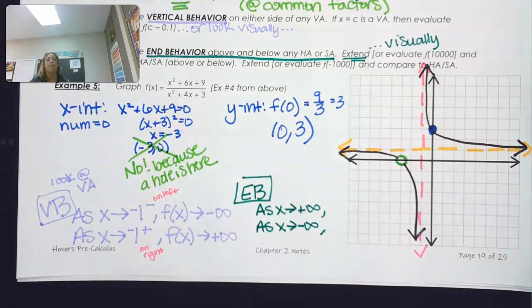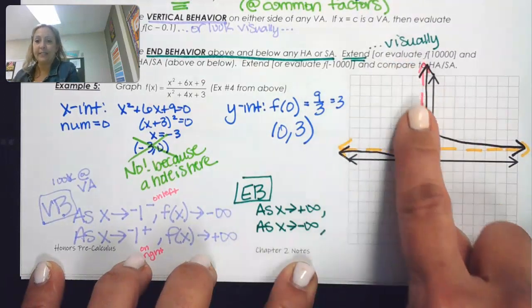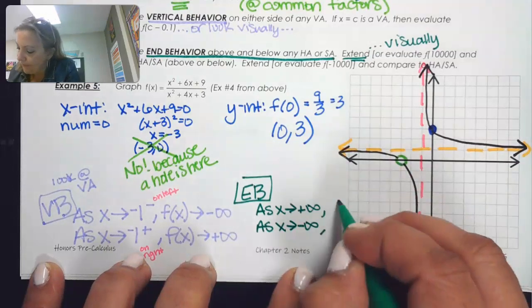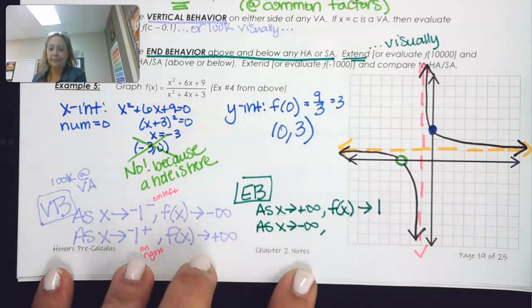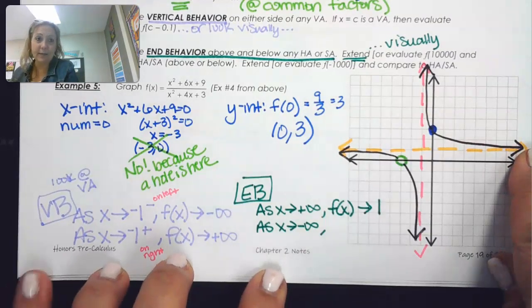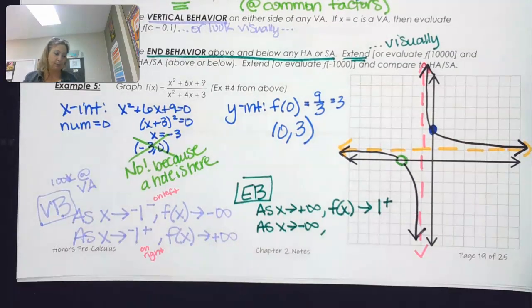As x approaches positive infinity, our graph is approaching our horizontal asymptote, so f of x is approaching 1. But let's be very specific and talk about what side of 1 it's on. Isn't it on top of that 1? It's above the 1, so because it's above the 1, we're going to put a plus there.